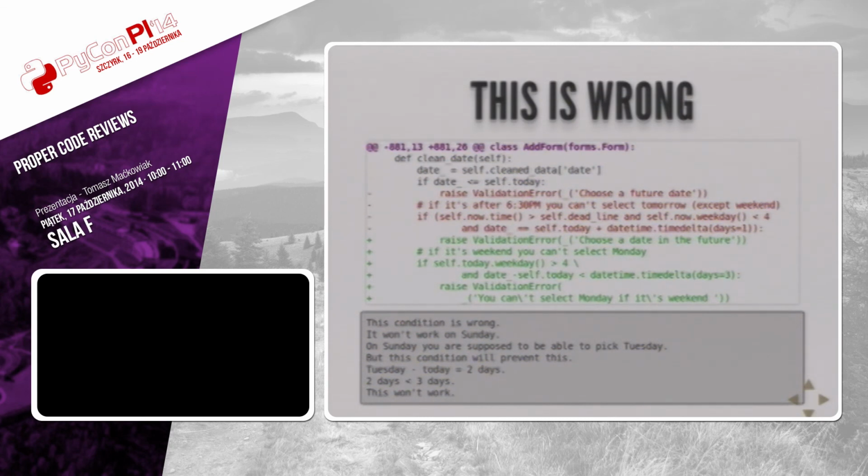Like here is some date validation, some complicated rule, and if you spend a little bit of time reading through the issue in your issue tracker and learning what it was supposed to implement, then you can think about this one particular instance. Yes, that on Sundays you cannot pick Tuesday. You can point out this to the developer. It's very important because this prevents bugs from production.